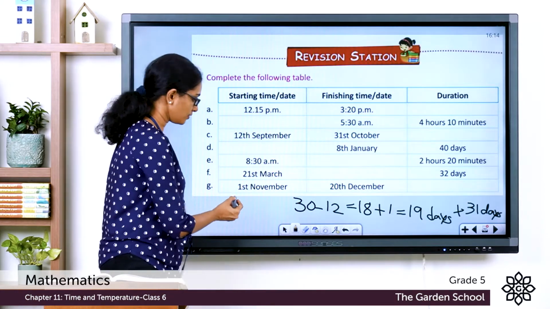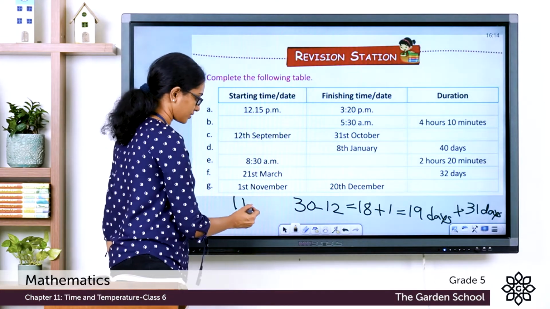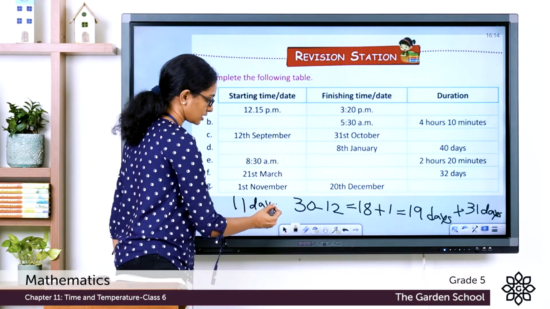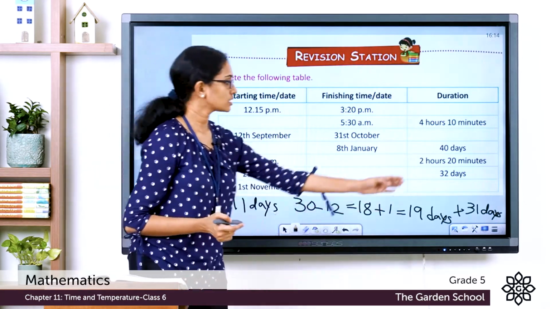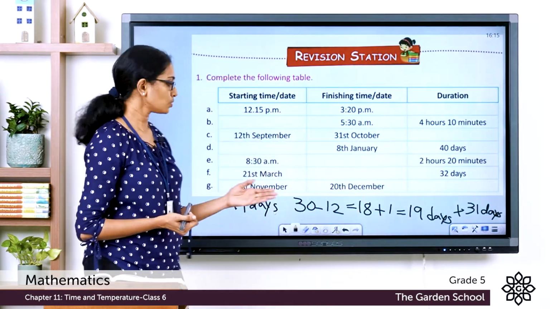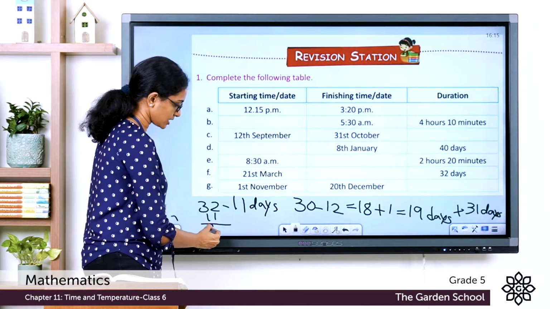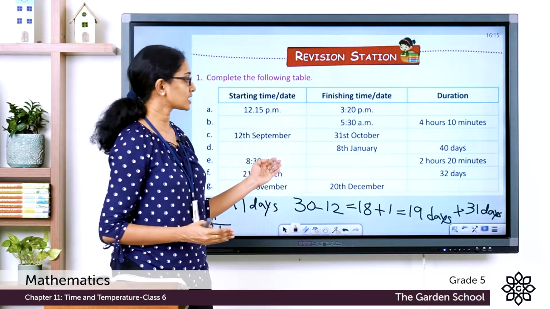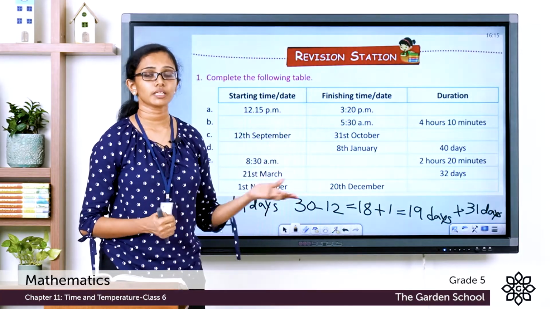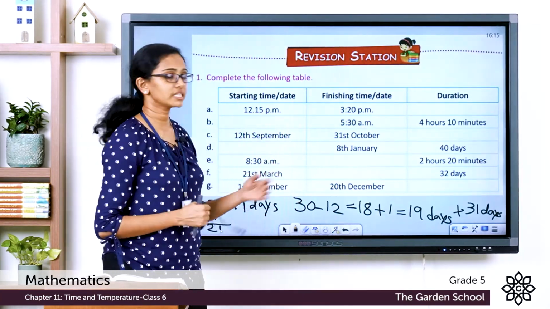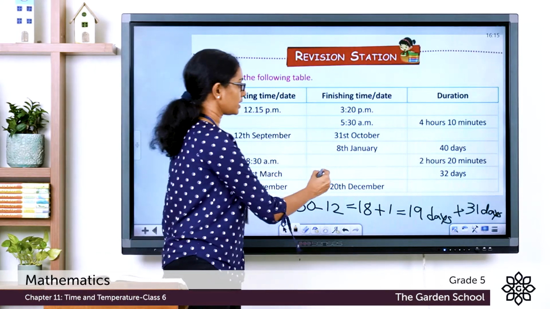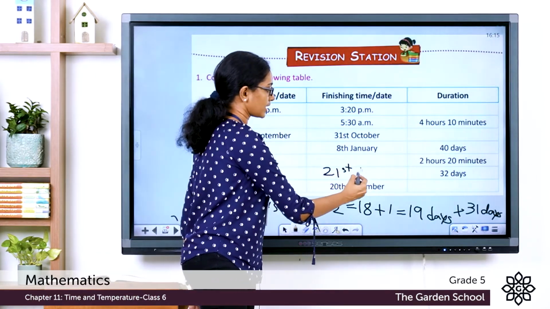There are a total of 11 days. And the duration is given as 32 days. So 32 minus 11 would be how much? It is 21, which means the first 21 days of the month of April. So what would be the finishing date? The finishing date here would be 21st of April.